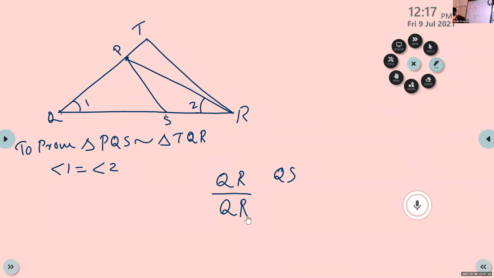QR is a side of TQR, and QS is parallel. No, it's not given. You read the question. Is it given? They are parallel? No. QR and QS are proportional. How can you say, Srihari?